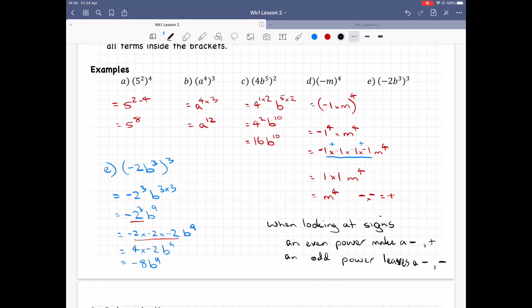So there are two quick ways that we can work through those without having to do this expanded form here.